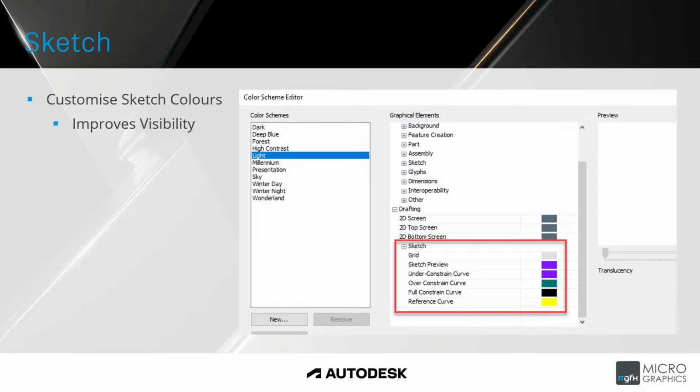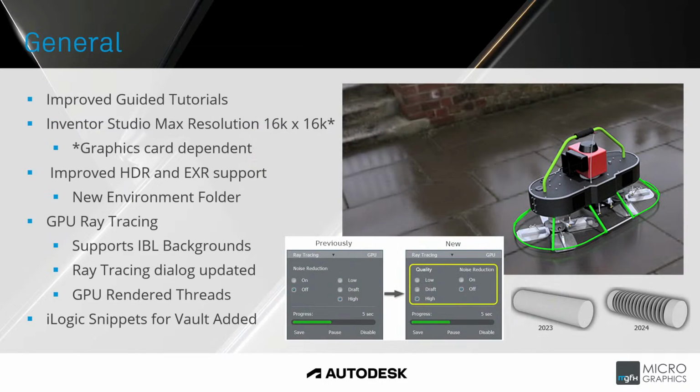So this just helps improve visibility, helps you customize your user interface a little bit more. And we'll see on the right hand side there, the sketch options allow you to change the various entities that are on the sketch and the colors they are displayed as. So just a quick note there from the sketch environment.